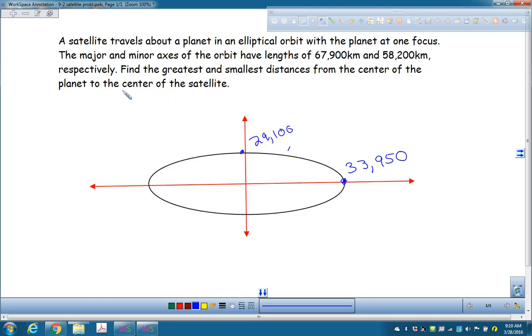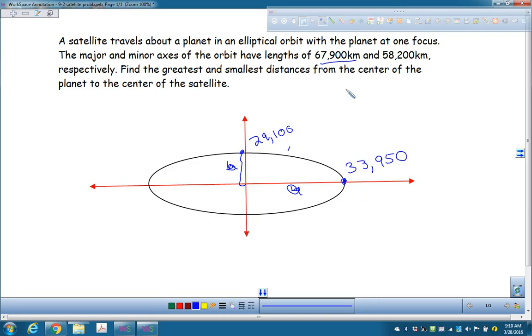Could you figure out what the equation of that ellipse is? This is A, and this is B. I just divided by 2 because it says the length of this is this and the length of that is that.